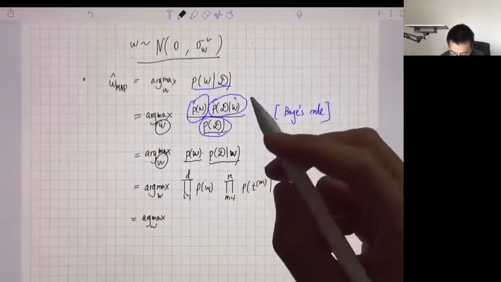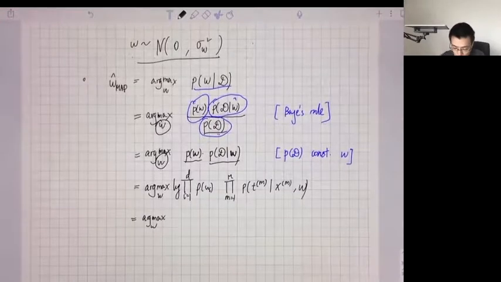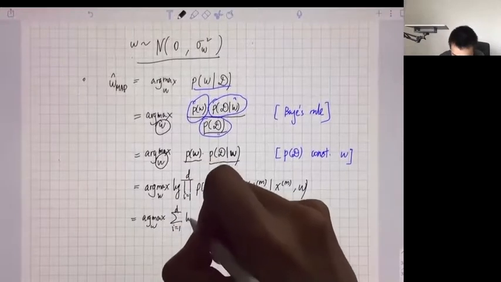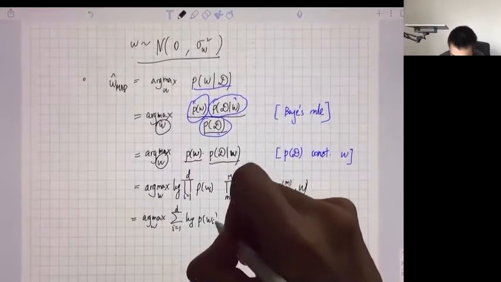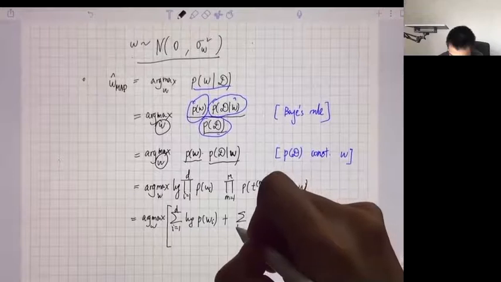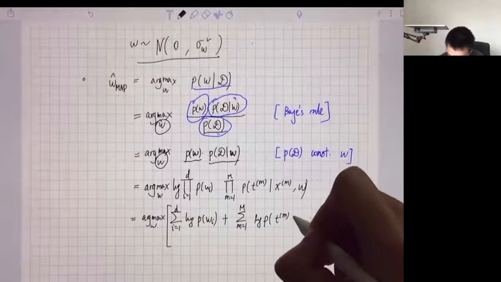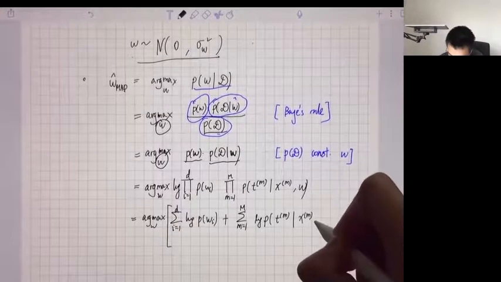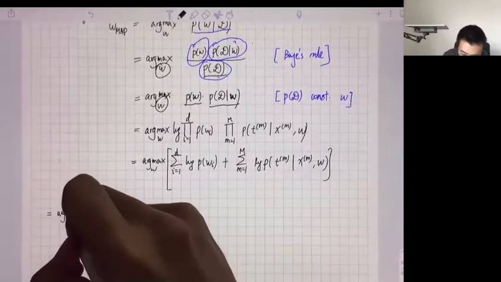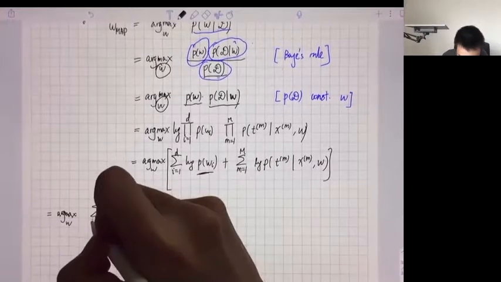Okay, I just need to plug in this term. And by the way, I can take the log first, okay? It gives me neater expressions. So this is sum over i from 1 to D of log P of W_i plus sum over m from 1 to M of log of the probability of t_m given x_m and W, okay? Then I need more space, so I write it here. This term I just write it out.